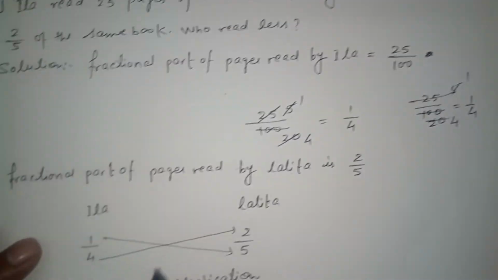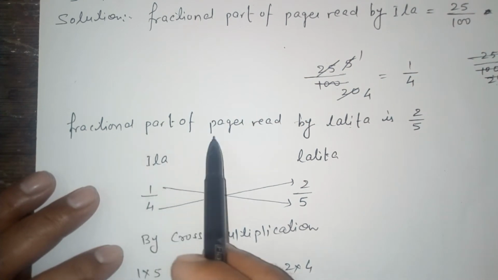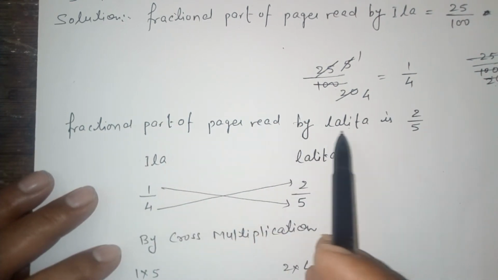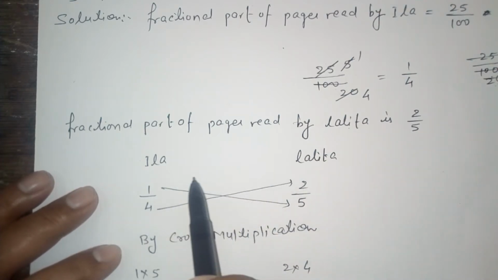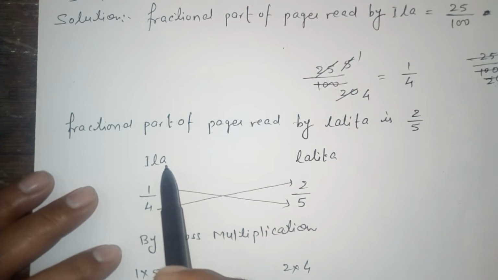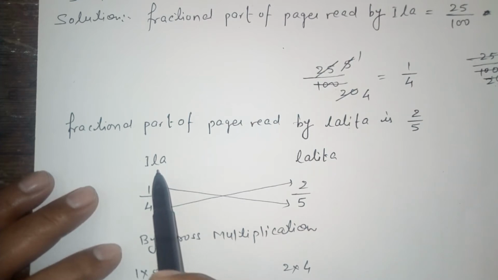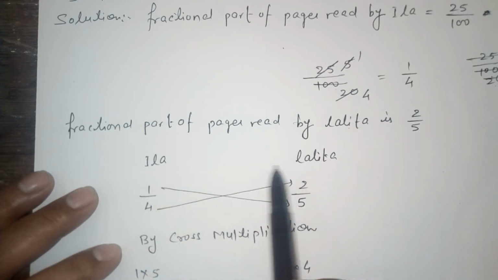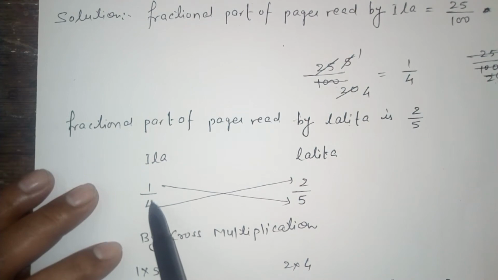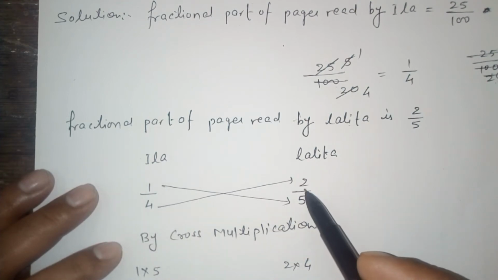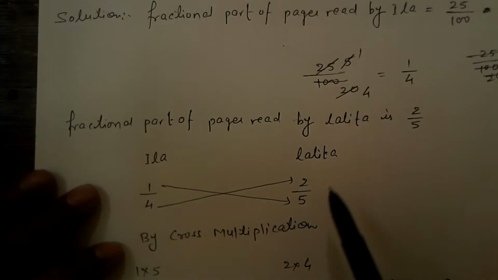Then the fractional part of pages read by Lalita is 2 upon 5. My dear student, in this question we will compare Ella and Lalita. 1 upon 4 is the part read by Ella and 2 upon 5 is the part read by Lalita.